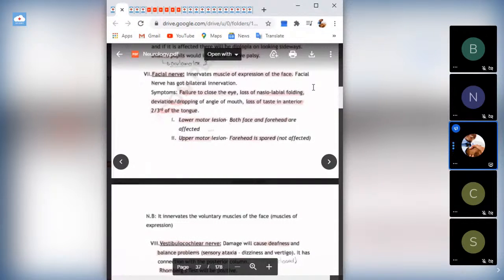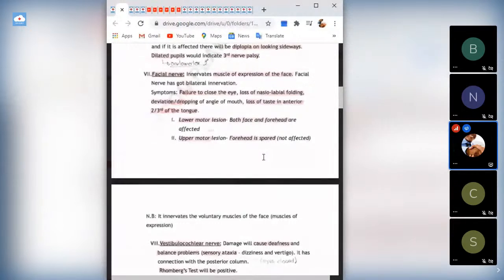In fact, sometimes the eye doesn't even close at all. It's just there staring. When you tell the patient to close the eyes, because of facial nerve affection, the eye on the affected side cannot close essentially. Okay, so you will now be seeing the whites of the eye.